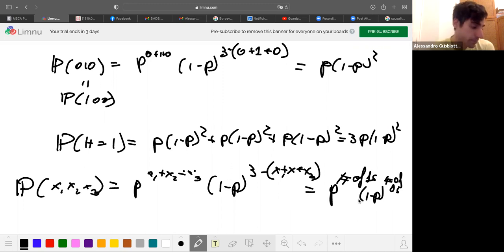In a way, every string which has the same number of ones has the same probability.